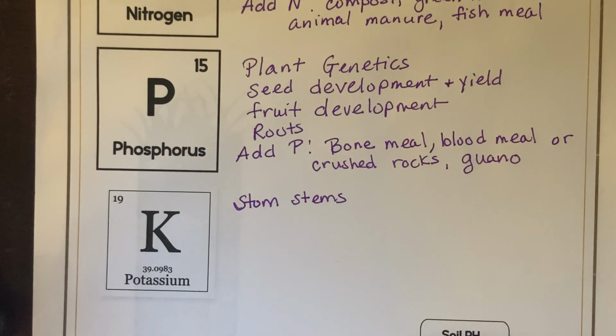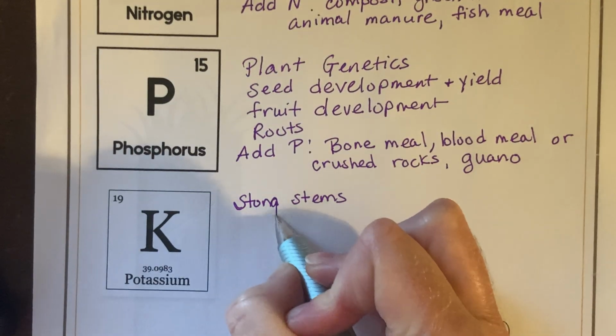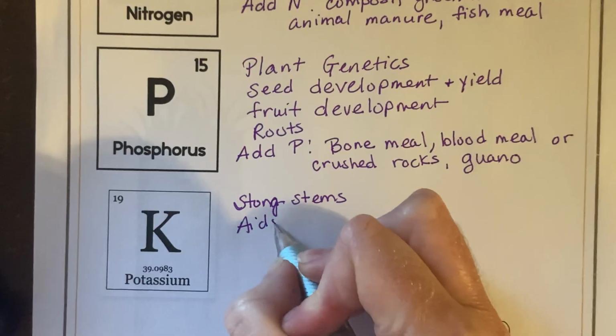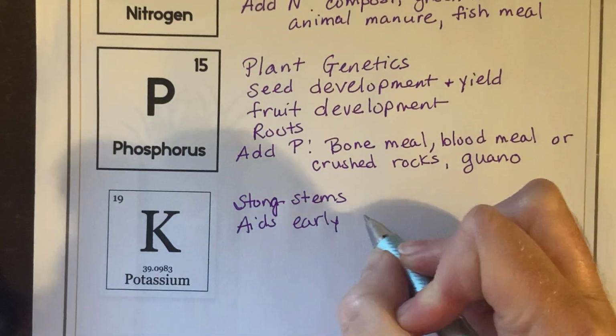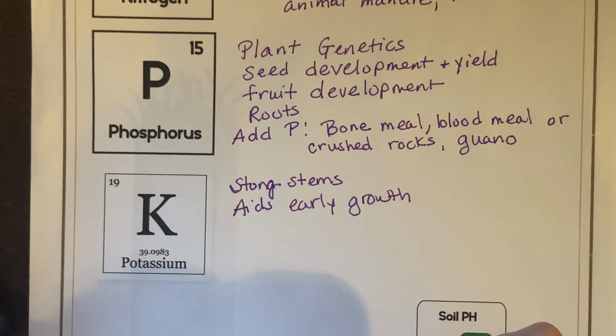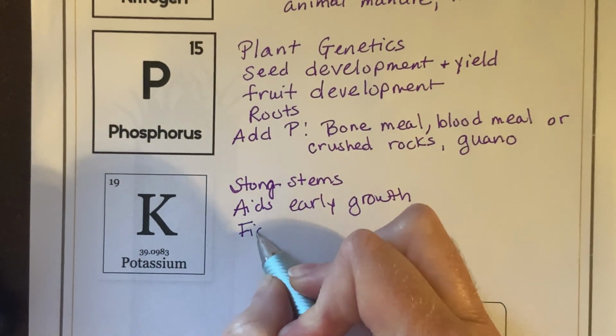There's no such thing as a vegetable in science, in biology. It's a nutrition term. Potassium gives strong stems, aids early growth, so when you put seeds in the ground, the seeds are going to use a lot of potassium to start with, and it fights diseases.